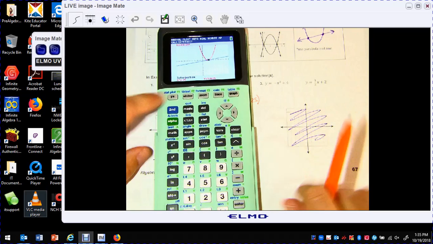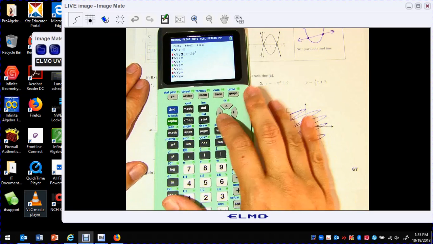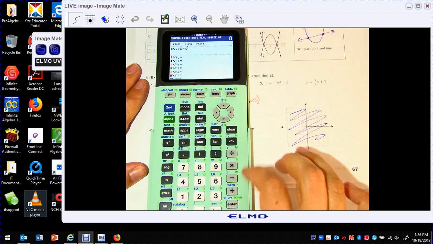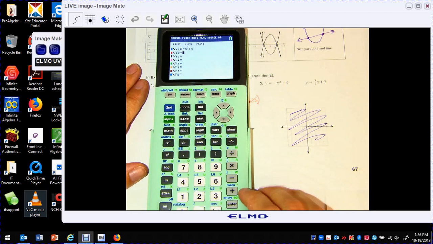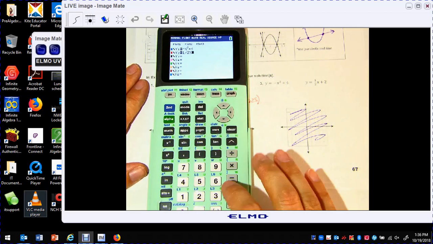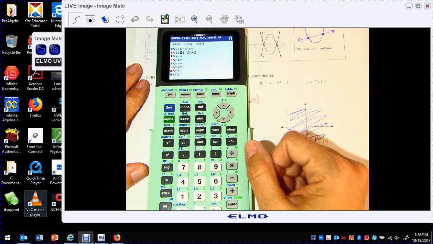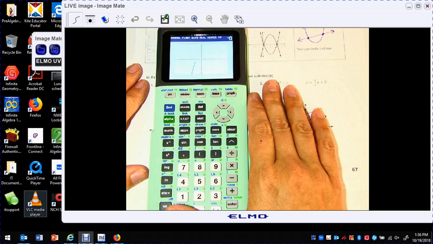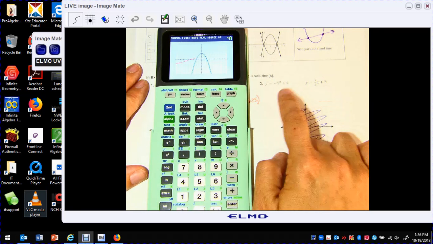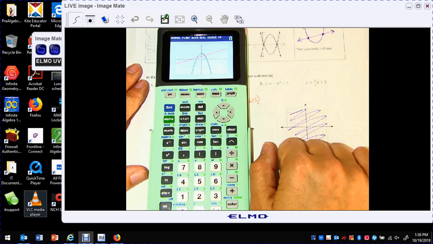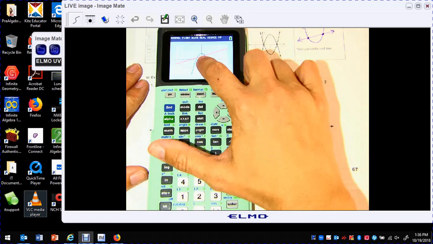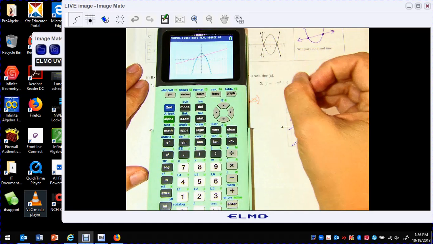So for 3, I'm just going to plug them in again. I have a negative x squared plus 4, and I have a 1/2 x plus 2. So again, this is a line and a quadratic, and I graph. And as long as they intersect, I know I have 2 solutions because one of them is not a y equals a number. It's not horizontal. So now, again, you can tell by your intersections they aren't exactly on a point.